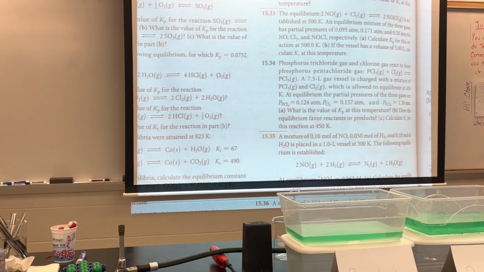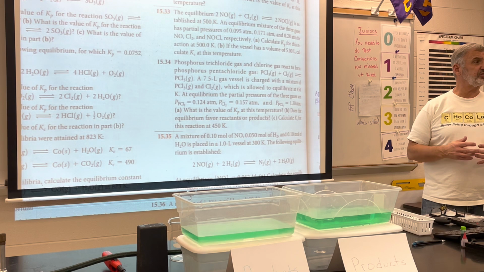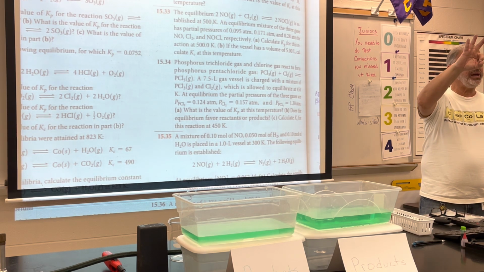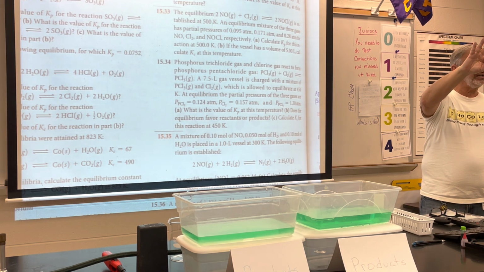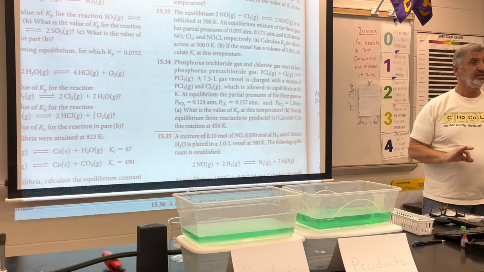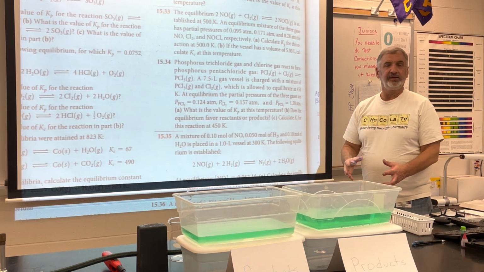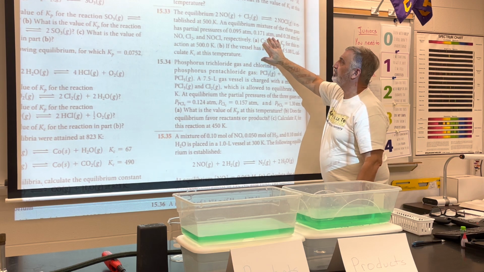We're barely going to get through this, for sake of time, and tomorrow we'll come in and just do more practice. There are 3 ways in which we can calculate the value of K given concentration data. I'll write them all down tomorrow, but the first way is what we just did. The first way is like number 33.